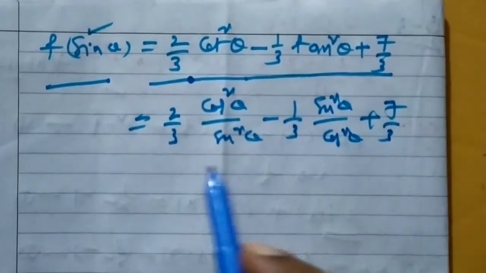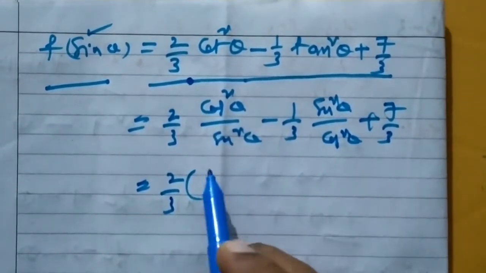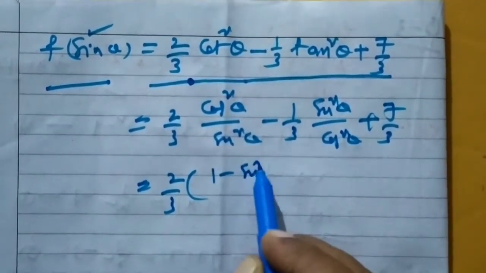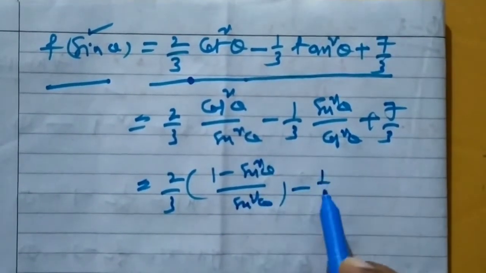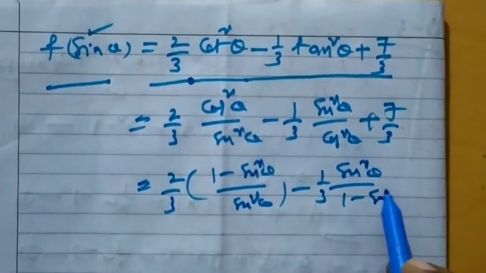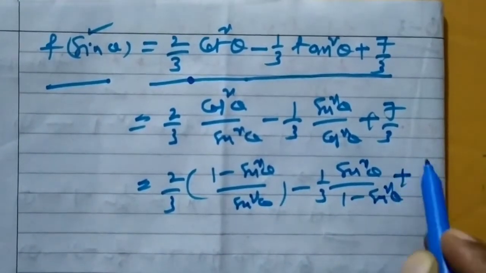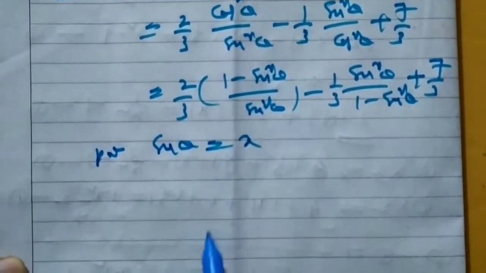So 2 by 3 into 1 minus sin square theta by sin square theta, minus 1 by 3 times sin square theta by 1 minus sin square theta, plus 7 by 3. Put sin theta equal to x.